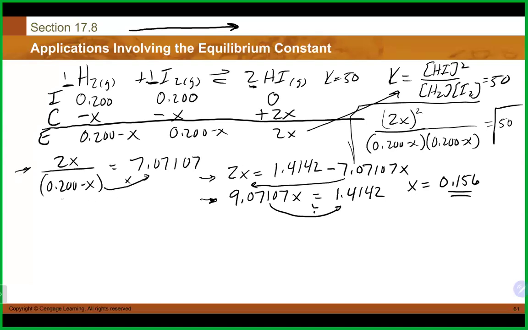Okay, so I'm taking what's on the bottom and I'm basically multiplying it by 7.07107. So on my calculator, I'm just going to take those two and multiply them by each other, and that will give me this number here. Then this is just 1x times that, and that's why the x stays with it.